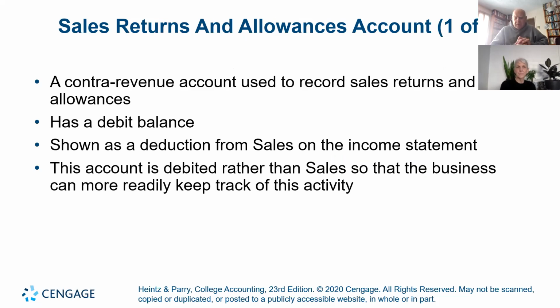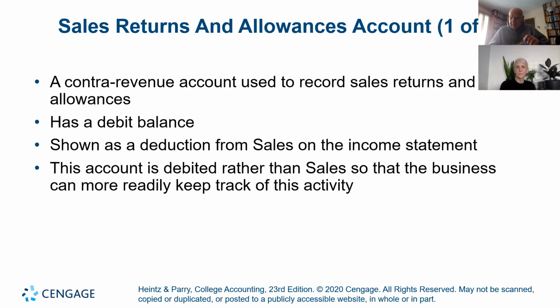Okay, our first contra account: sales returns and allowances. A contra revenue account, meaning it has a debit balance. All contra accounts are married to something. Remember accumulated depreciation and the building, and some others. A contra revenue account has a debit balance shown as a deduction from sales on the income statement, and that's what we're going to see later.